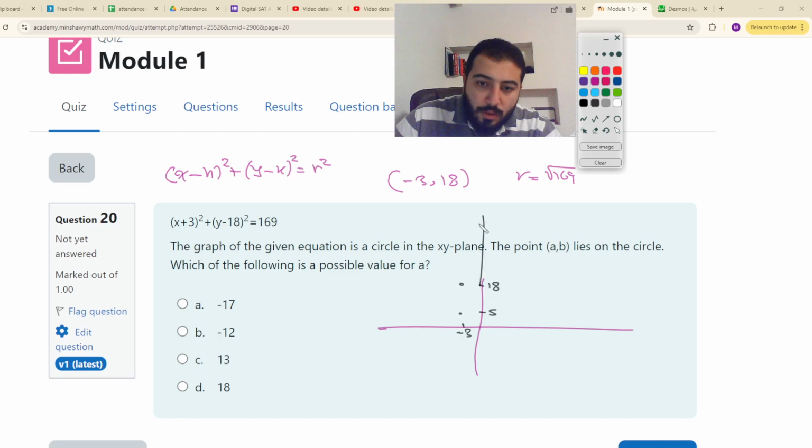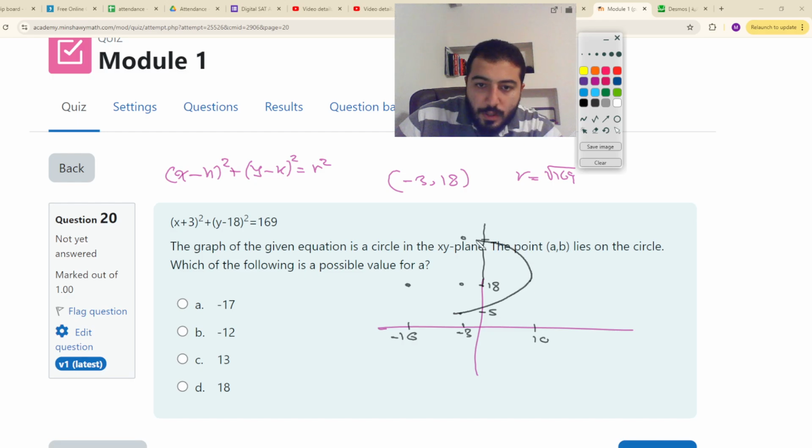And we go up 13, so 18 plus 13 is 31. And we go left 13, so that takes us to negative 16, and we go right 13, that takes us to 10. So now here is the circle.